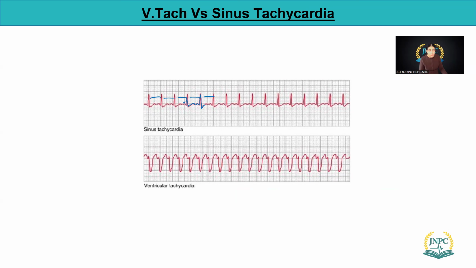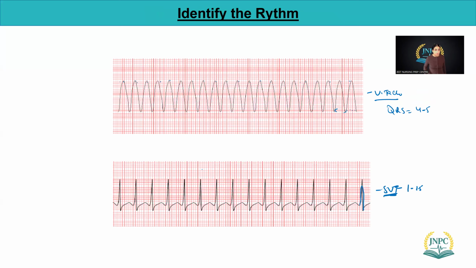So this is regular sinus. That means sinus rhythm is there, PQRST is there. So if you have to calculate that, use that formula. So 300, barely 2.5. You can calculate. We have done so many times, right? And this looks like ventricular tachycardia. The rate is really high. We cannot locate the P wave.